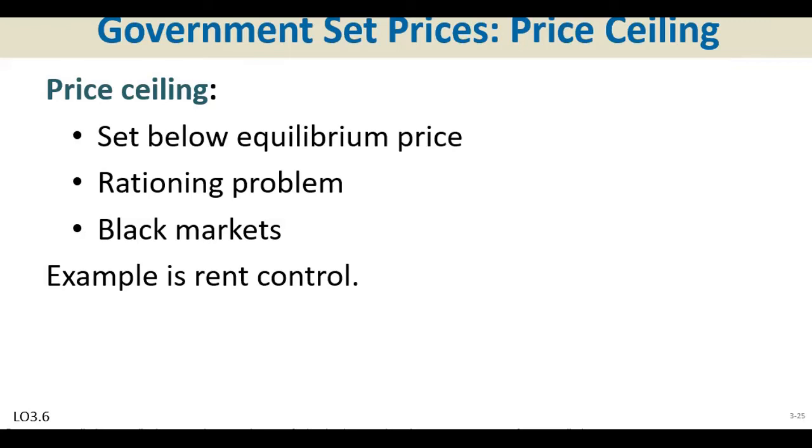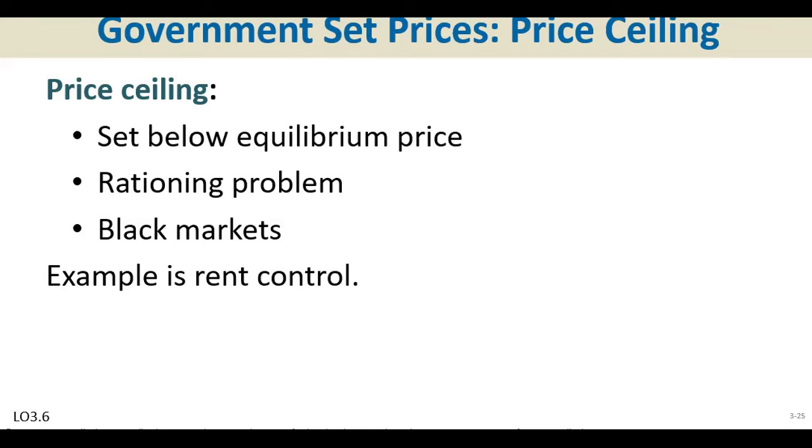And when you do that, the rationing function of prices won't work anymore because there's a regulation in the market that sets a price, right? And if that price is set below the equilibrium price of the market, you will see that it's going to distort the market and generate a black market and a rationing problem as well.